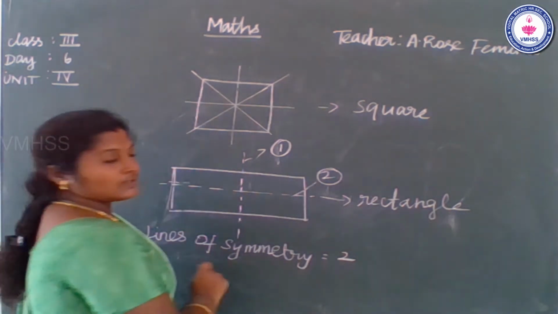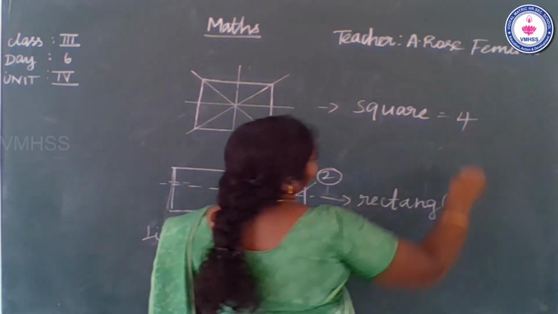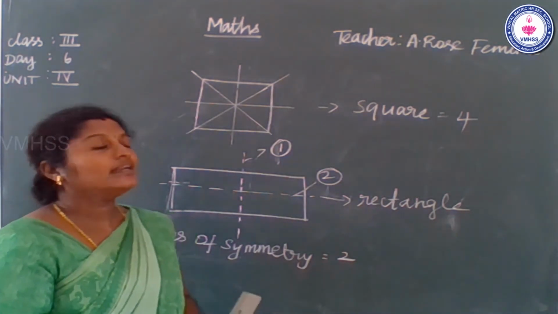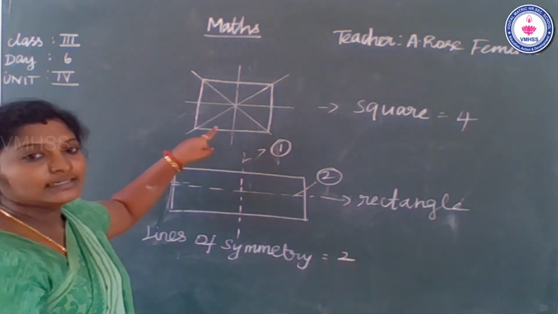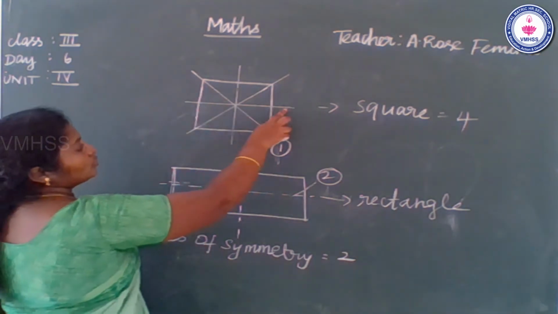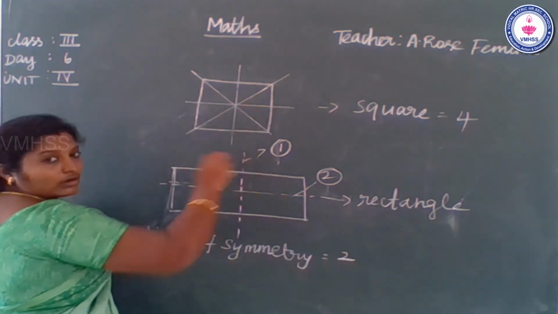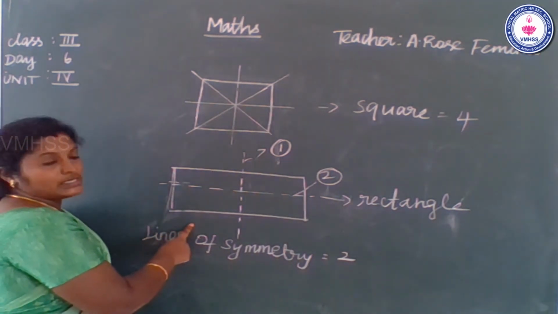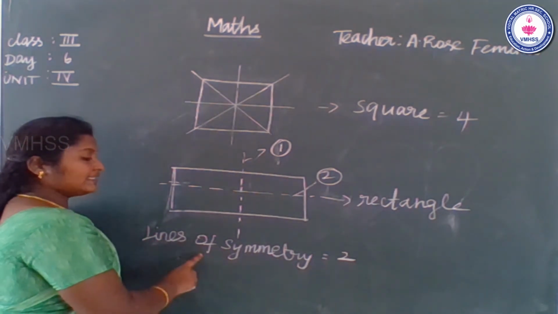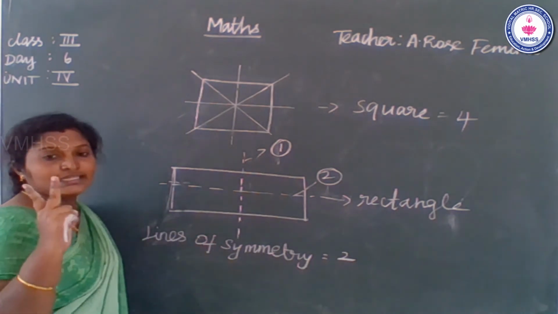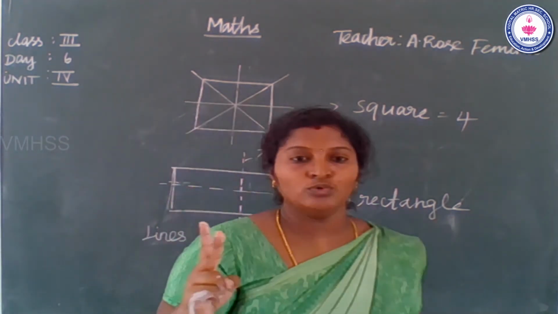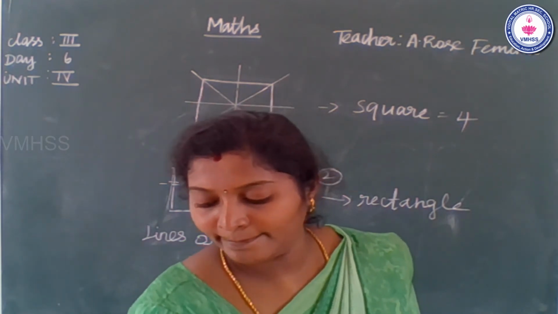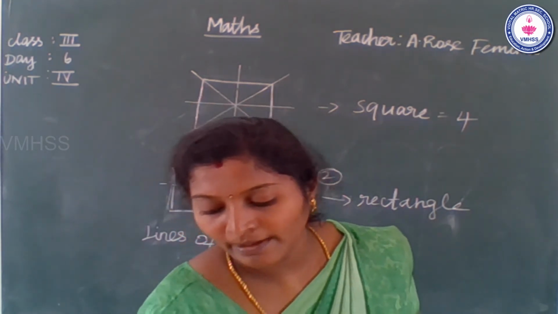The square has 4 lines of symmetry. Do you understand how many lines? 1, 2, 3, 4. And the rectangle has 2 lines of symmetry. Do you understand?